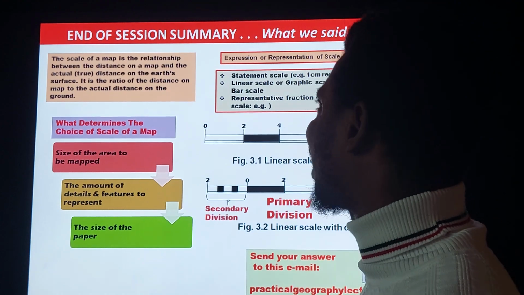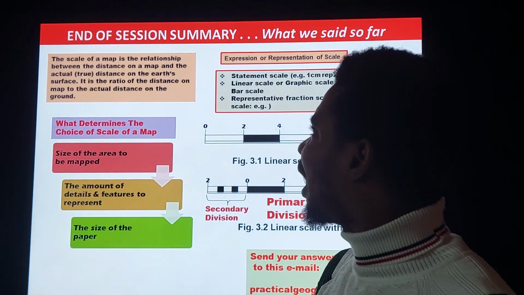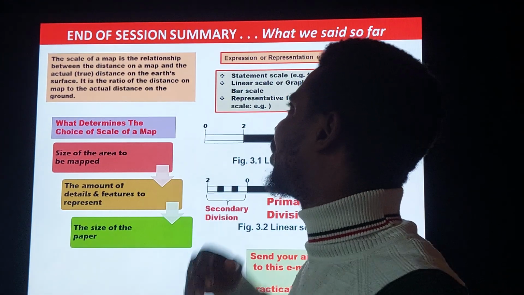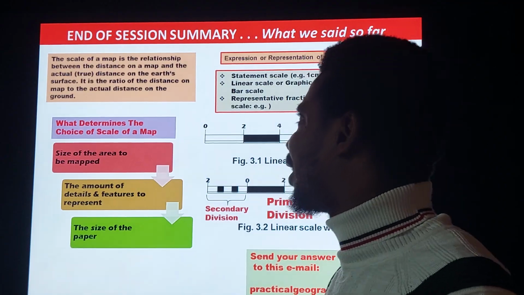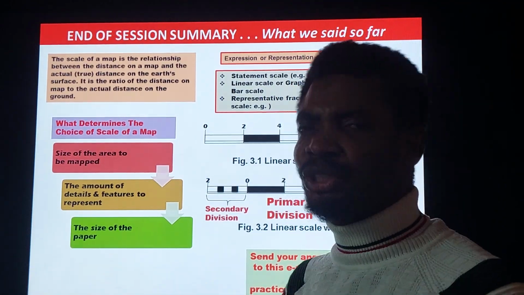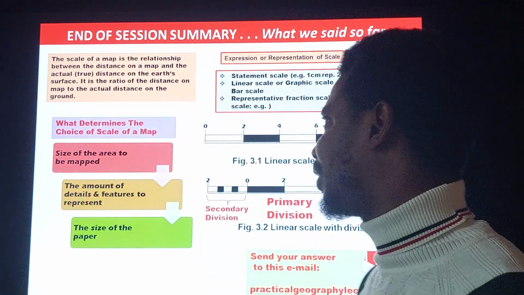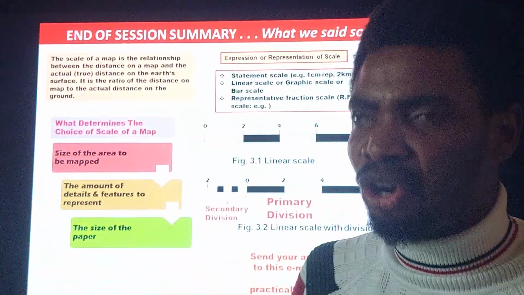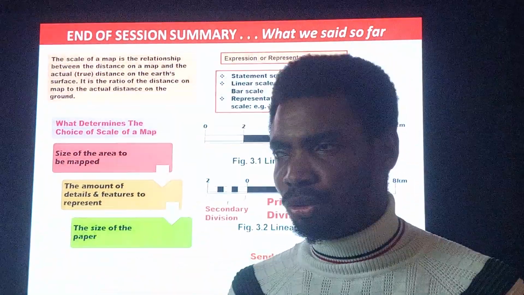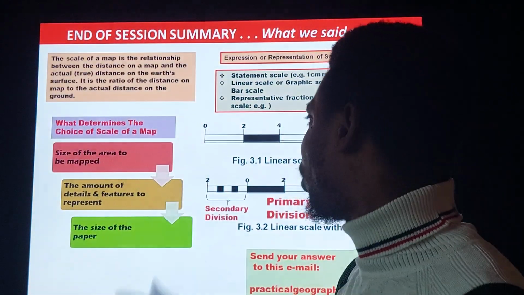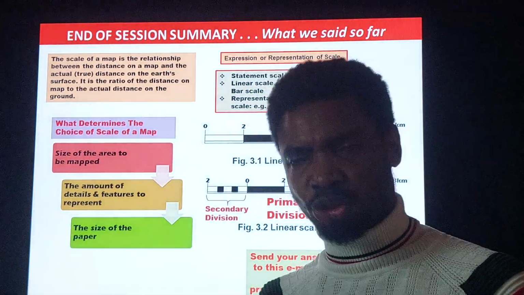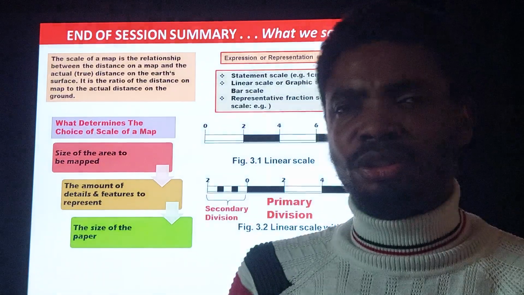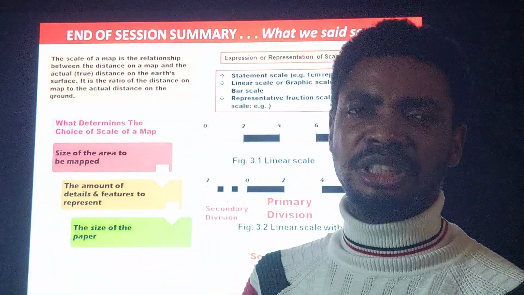So let's summarize what we've said so far. I said that the scale of a map is a relationship between the distance on the map and the true or actual ground distance. And I said that the factors that determine the choice of scale to use, there are 3. Number 1 is the size of the area you want to map. Number 2 is the amount of the details you want to capture in the map.